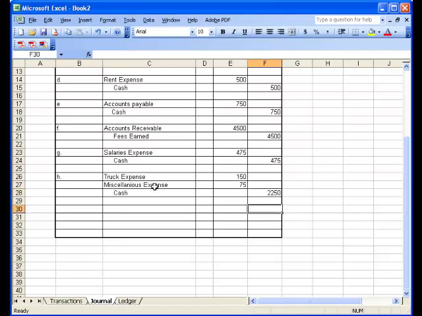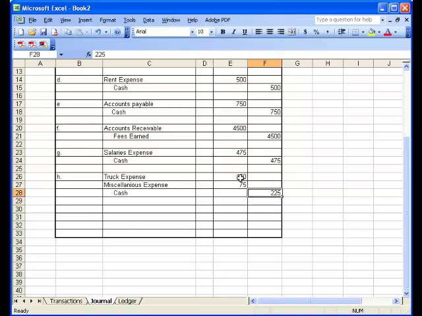Now, the fact that we have three accounts involved here makes it a compound entry. In this case, we have two entries to debit accounts and one to cash, which I recorded wrong. It's $225, not $22.50. My debits are $150 plus $75 for a total of $225, and my credit is $225.